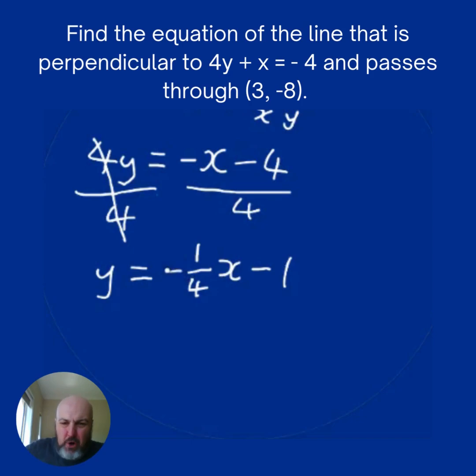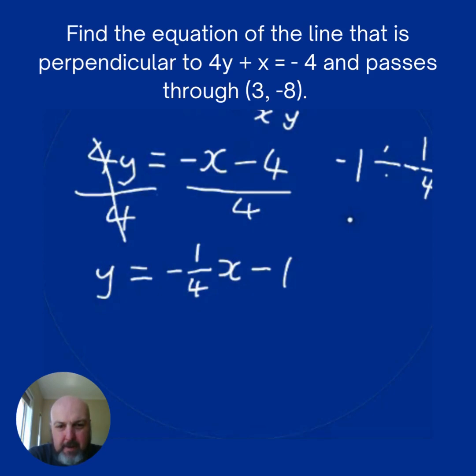Now, the perpendicular line's gradient can be worked out by going negative 1 divided by negative 1/4. Once that's worked out, it's the same as negative 1 times negative 4.